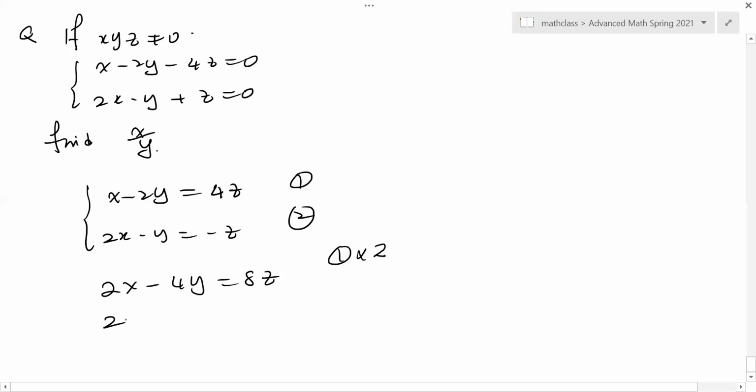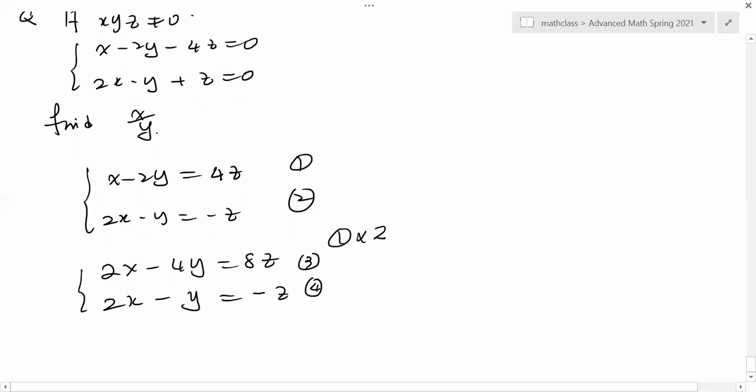And then the other is 2x minus y equals negative z. So that's equation 3 and equation 4. I only modify equation 1 in order to use the elimination method. Then I do subtraction, equation 3 minus equation 4.